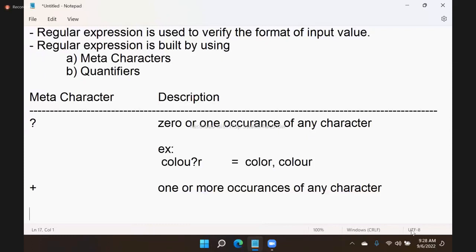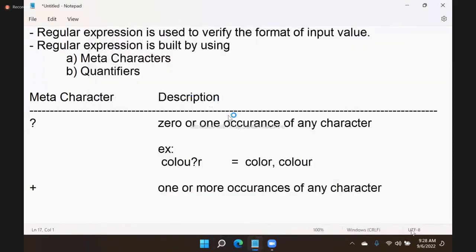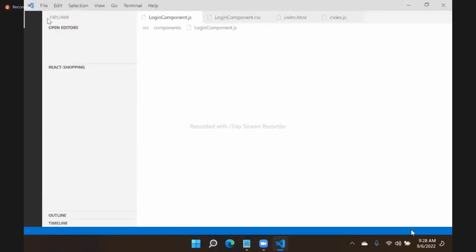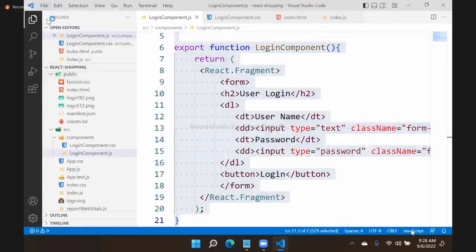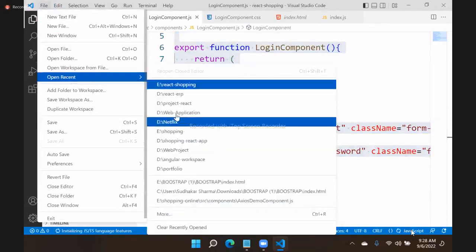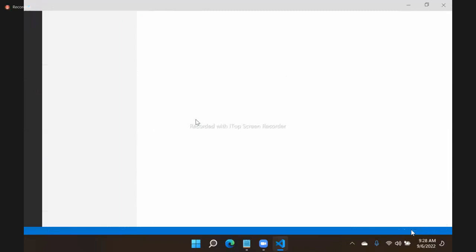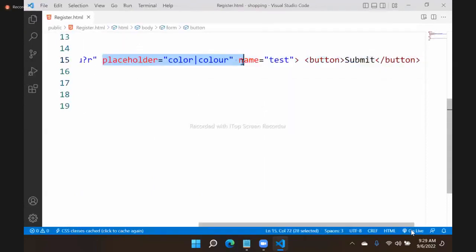So here, let's take our project. In the project yesterday, we designed this. So with the question mark we are having color, and it is allowing these two keywords.